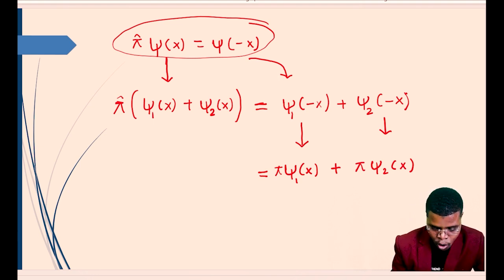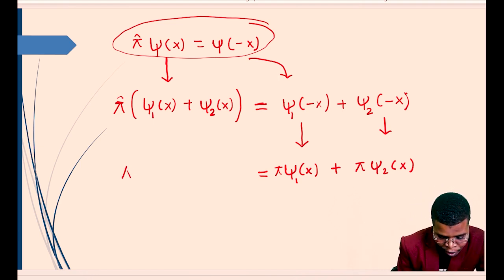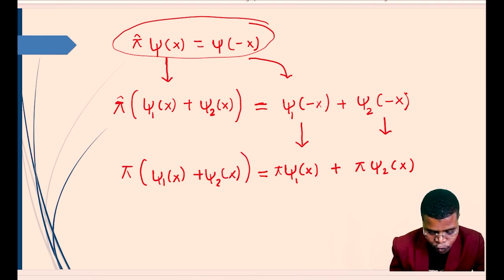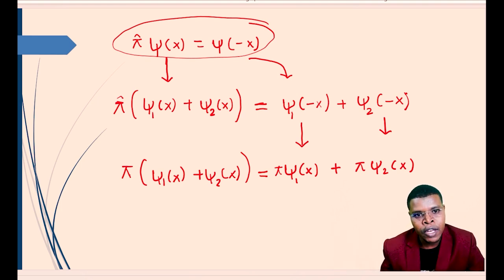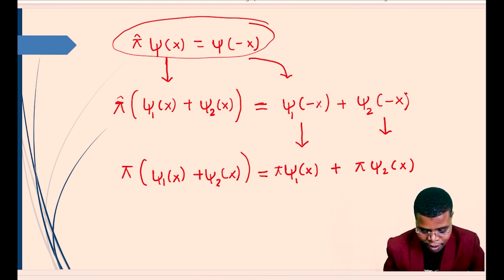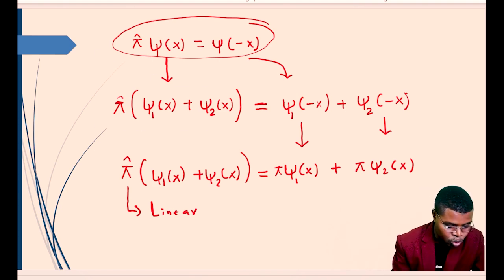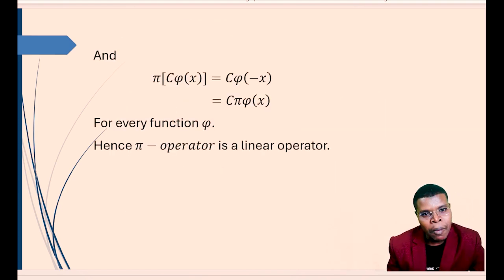So now what do we get? Here we have Π times ψ1(x) plus ψ2(x). If we look at this expression, we can see that it satisfies the condition of a linear operator. Therefore, we conclude that the Π operator, or parity operator, is a linear operator.